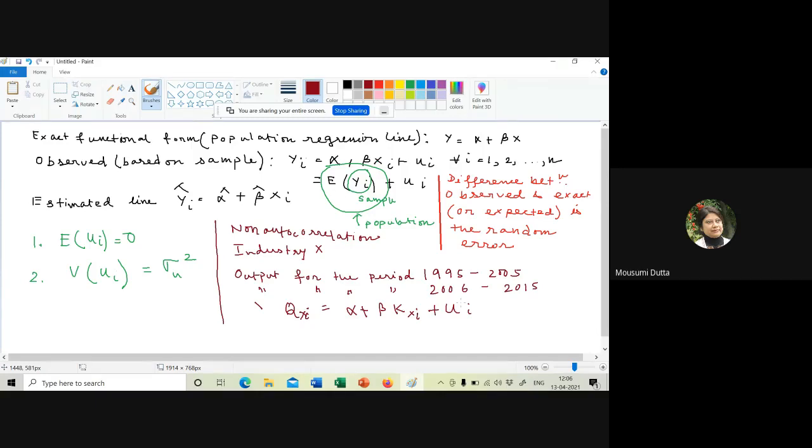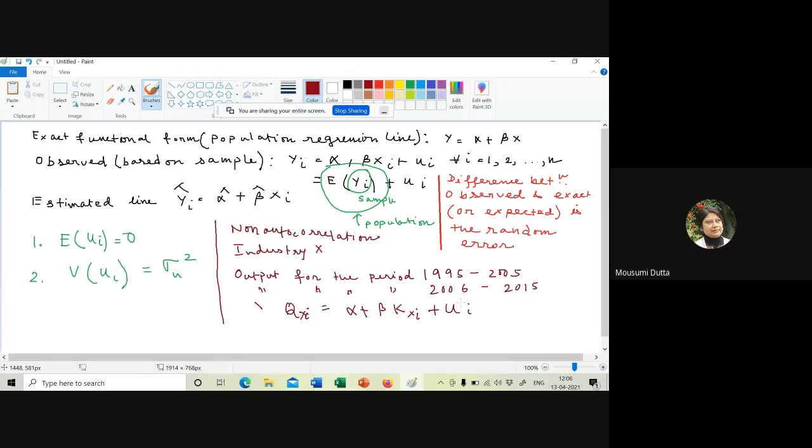Just like that, today also we are assuming, though there is an immense chance that there may be some interrelation among the error terms, that to begin with there is no correlation between the two error terms.